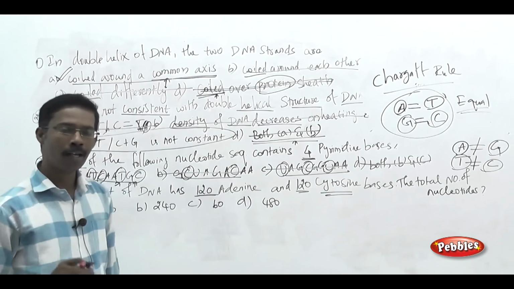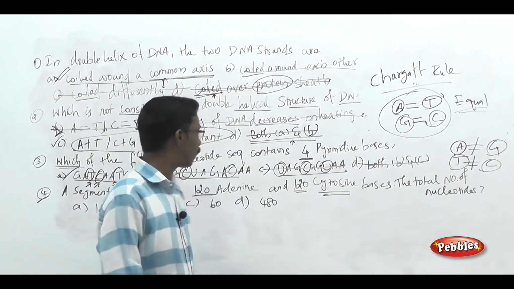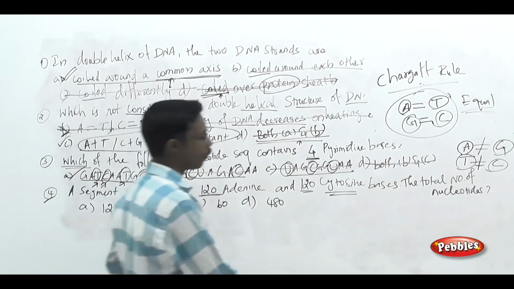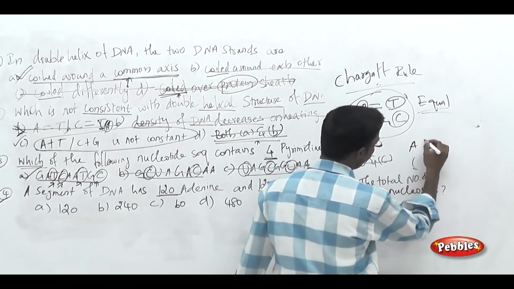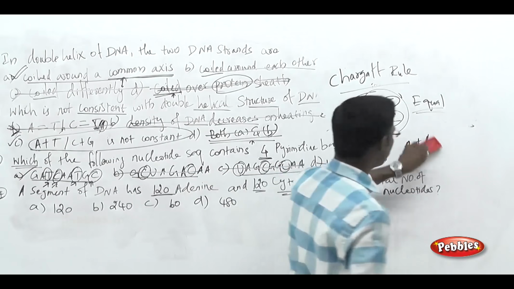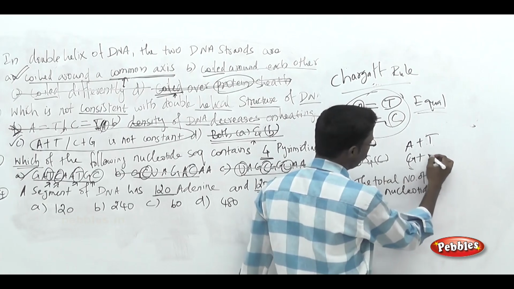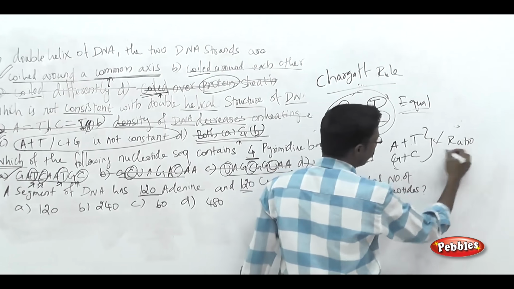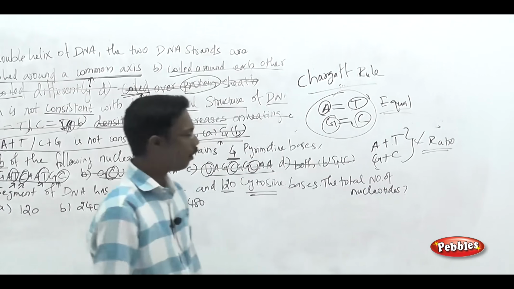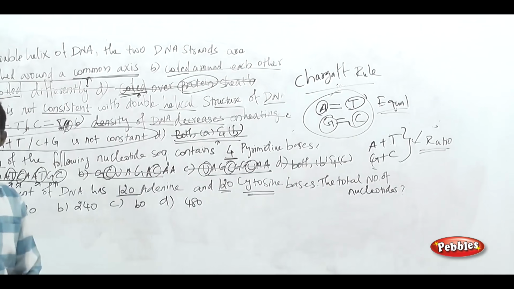Of course, we can identify the species based on a particular ratio. For each and every species, the ratio between adenine plus thymine and guanine plus cytosine is constant.